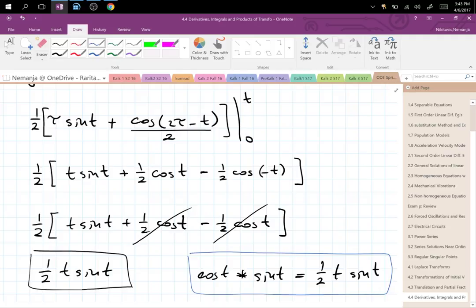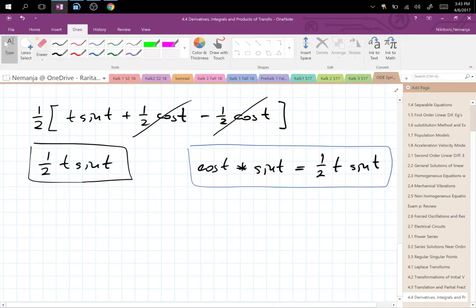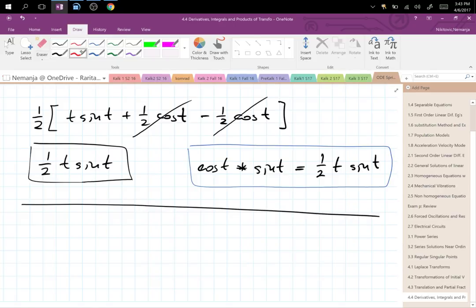So convolution property, we are looking for theorem 1, convolution property. This is what we have.